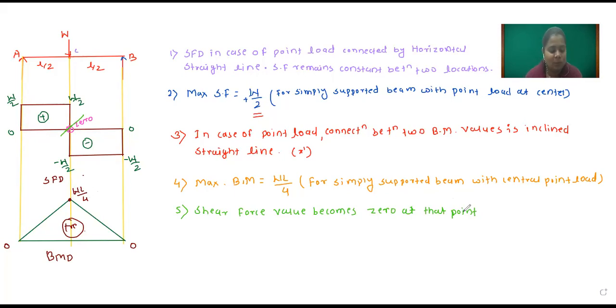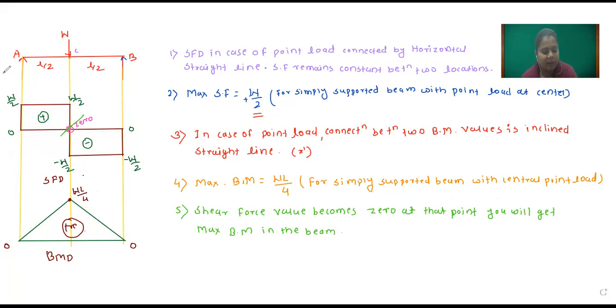So this is most important assumption. Shear force value becomes 0 at that point, you will get maximum bending moment in the beam.